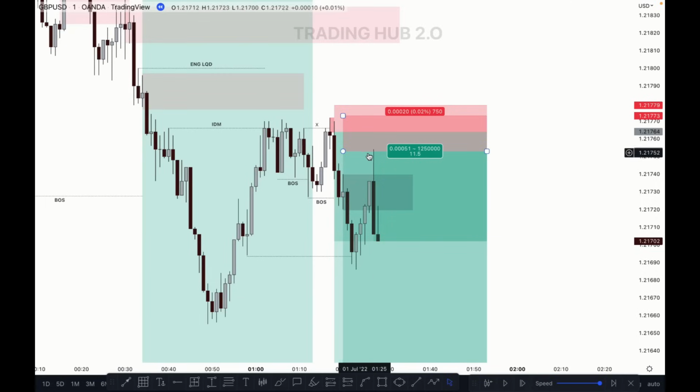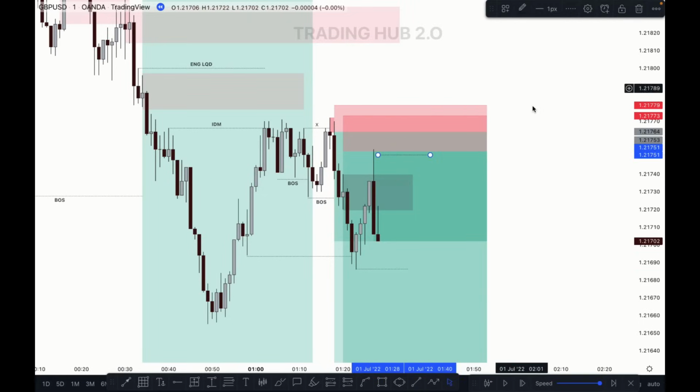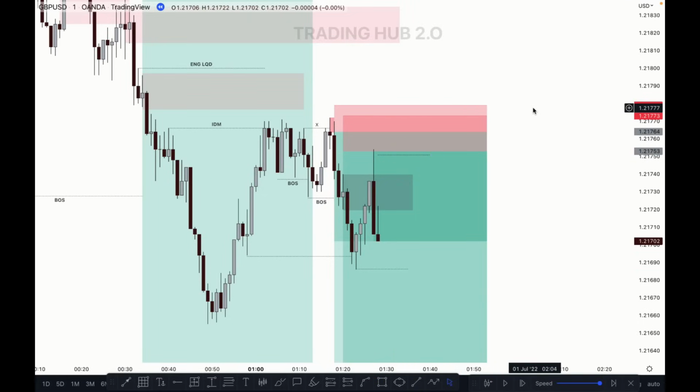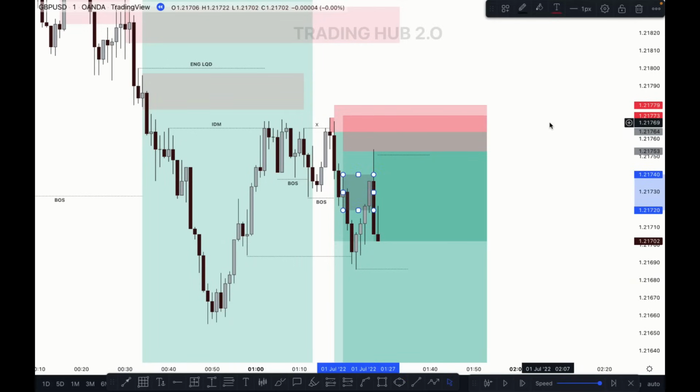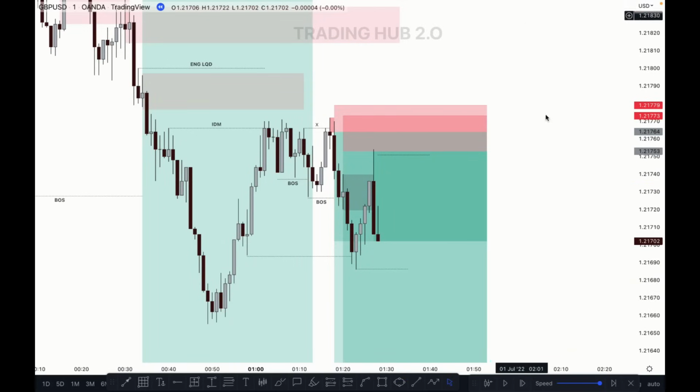You can see our second entry also mitigated. If market takes out this low, then I would like to trail my stop loss to break even point here on both entries. Correct. If market wants to go higher, then we can cut our entry at break even point. Okay, so let's see.